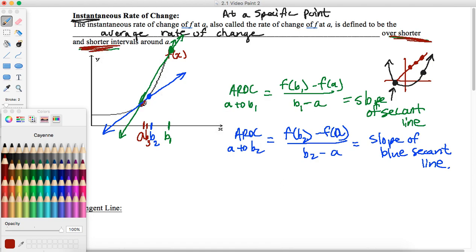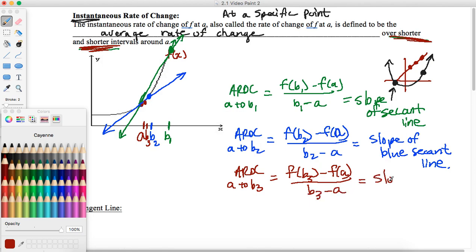I want to calculate my average rate of change. Now I'm going from A to B3. That'll be f of B3 minus f of A all over B3 minus A. And so if I drew my secant line that passes through those points there, I may get something like that.